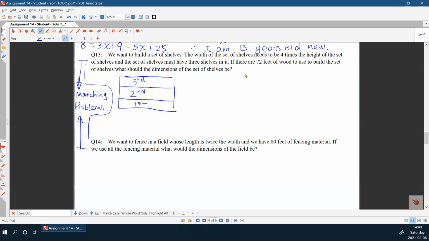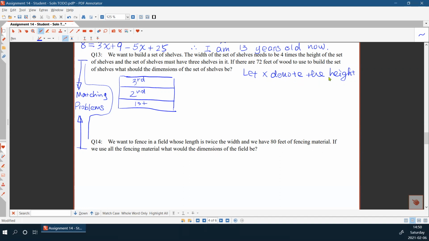So let's use a letter x to denote, how about the height? It does not matter if it's the height or the width. All right, because the height is smaller, so usually we use a letter to denote the smaller quantity. That makes your equations look more concise because you can avoid using ratios, right?